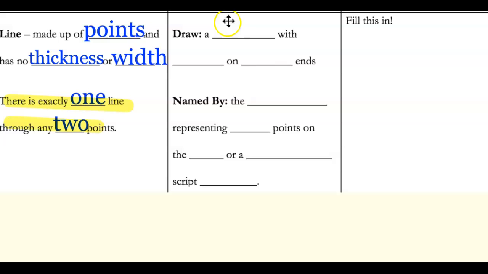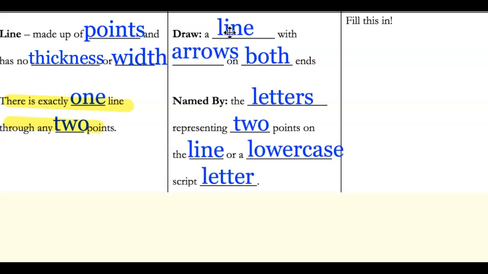In order to draw that using our geometric terminology, we will draw a line with arrows on both ends, and we will name it by a capital letter representing 2 points on the line, or we can use a lowercase script letter. When we say script, we're talking about cursive. So we'll draw our line.